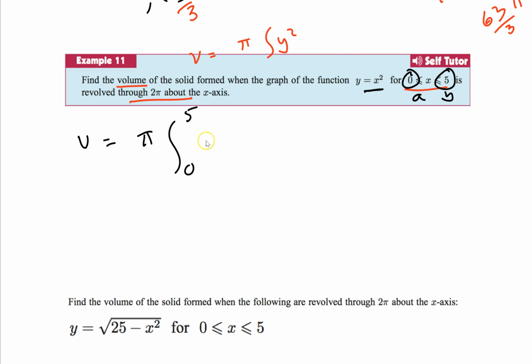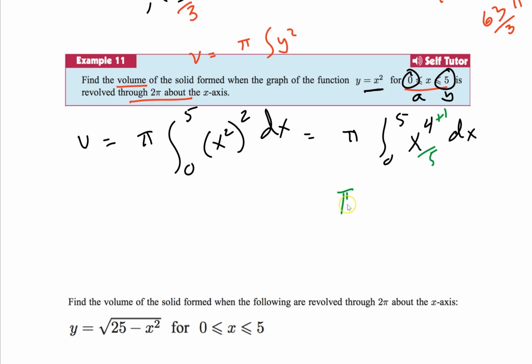0 to 5. Now again, my equation is x squared. I still have to square it because it's the equation squared, dx. So I'm going pi, 0 to 5, of x to the 4th dx. Now we integrate it. We add 1 to the power, divide by the new power.